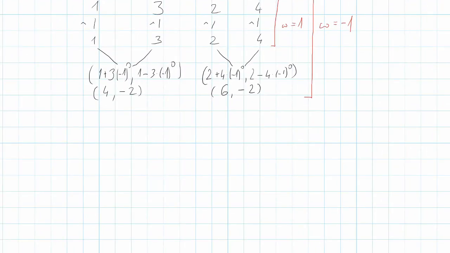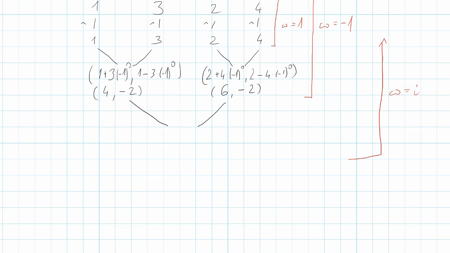And now we need to recombine these two things together. So again using the same formula, however here omega is equal to i, because now we have a sequence of length 4, so the primitive root of unity is i, the fourth primitive root of unity.